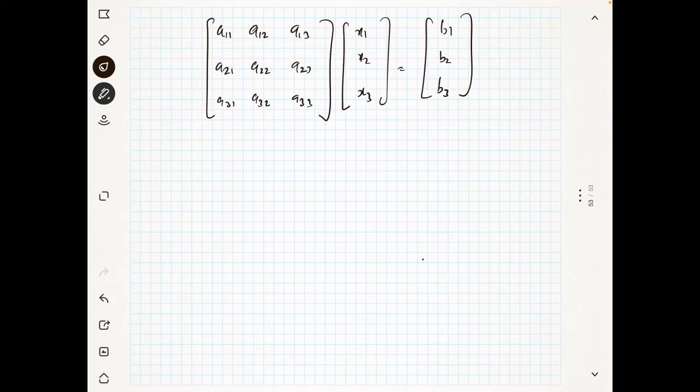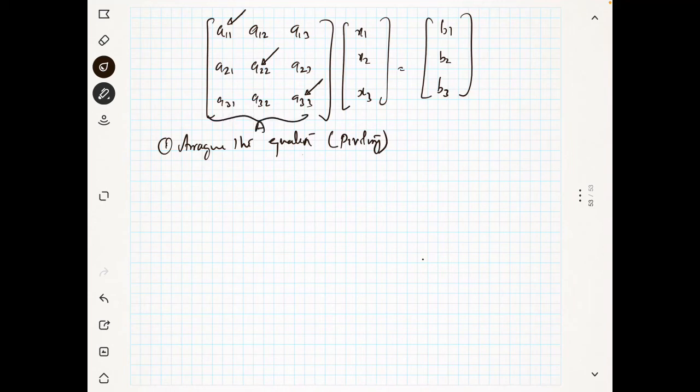Now we will arrange as we have seen. So we will first arrange the equations according to the pivoting position. So first this should be high. In the second equation this should be high, and in the third equation this should be high. So in that manner we will be arranging the equations. That means we will do the pivoting here also. Okay, no issue. If you do the pivoting, that will be good. Now you see here that this is giving you A, and this is X, and this is your B, right?